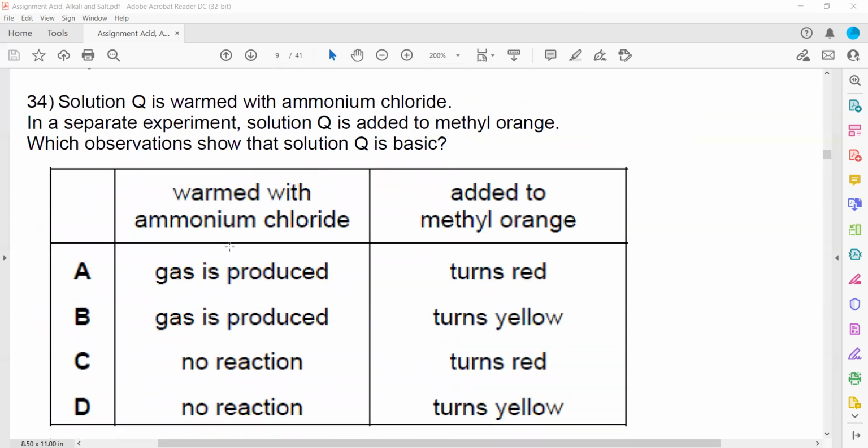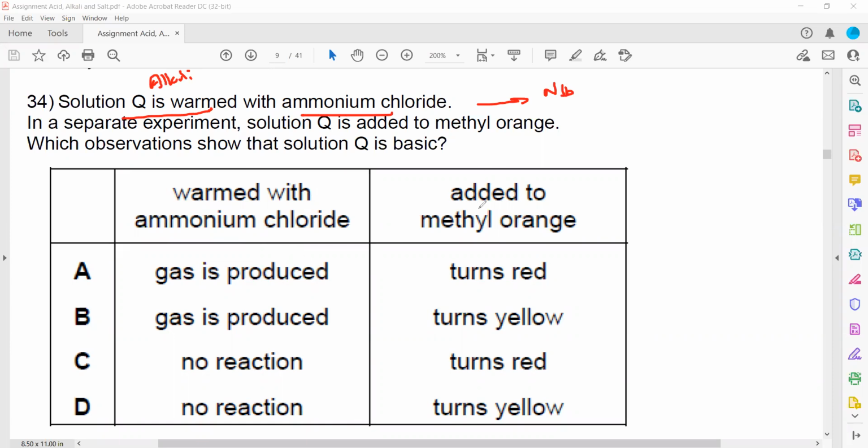Question 34. Solution Q is warmed with ammonium chloride. In a separate experiment, Q is added to methyl orange. Which substance do we normally warm with ammonium salt to give off ammonia? An alkali. So when it is warmed with ammonium chloride, ammonia gas will be produced.